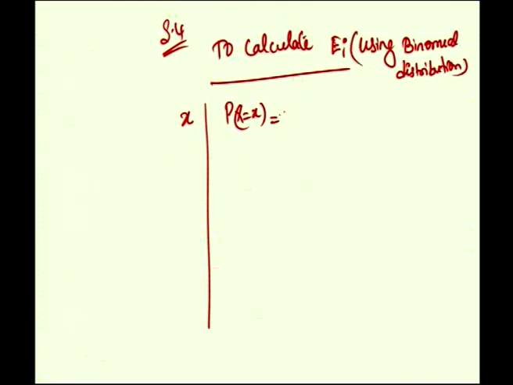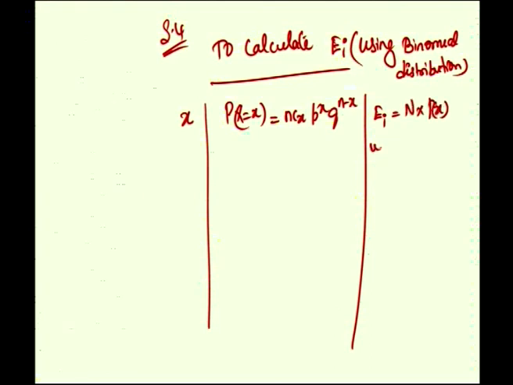This is n c x, p power x and q power n minus x, and then EI will be capital N into P of x, where capital N is equal to summation f values, where n is the number of children, 5, x is taking the values 0, 1, 2, 3, 4, 5, and p and q are our equal probability.